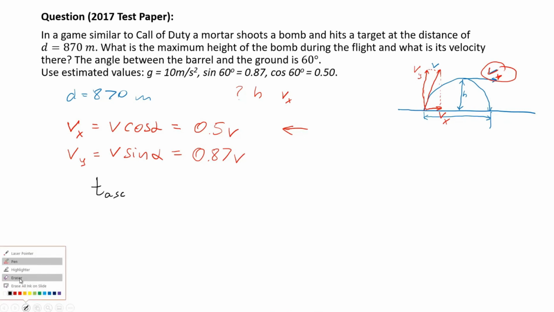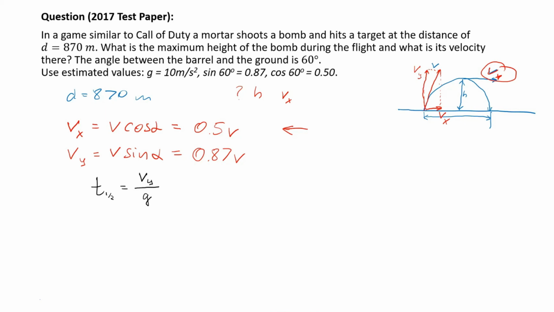As we did it last time, it's the vertical initial velocity divided by the gravitational acceleration, from the formula for the velocity in accelerated movement, where the acceleration is g.